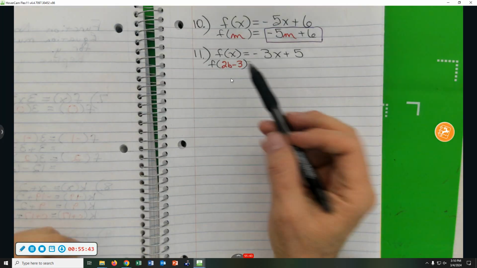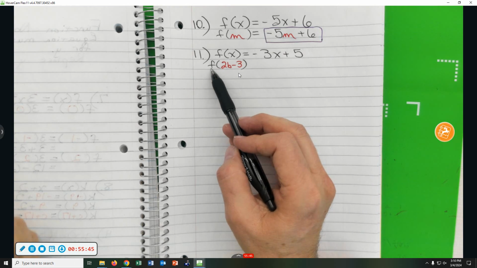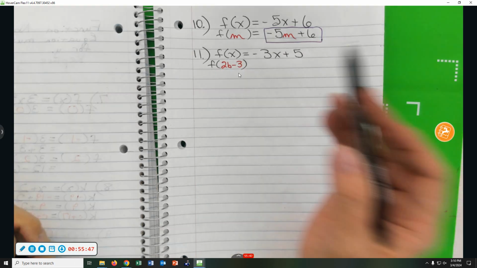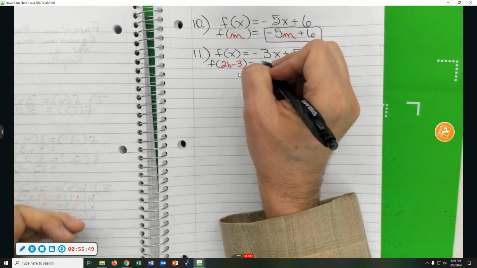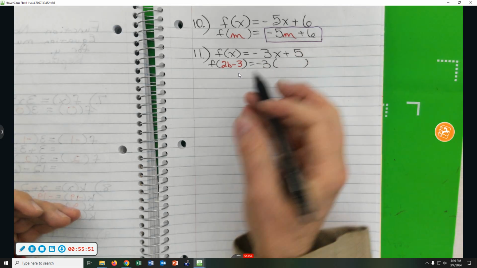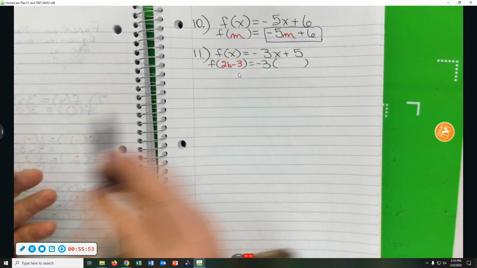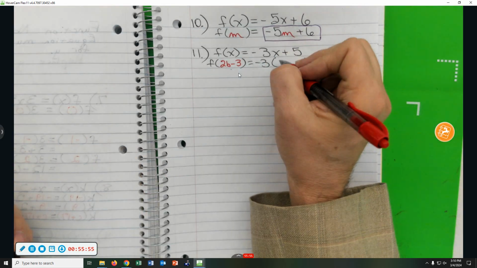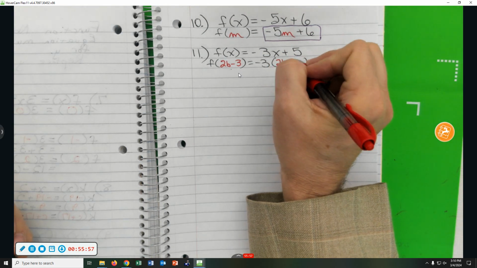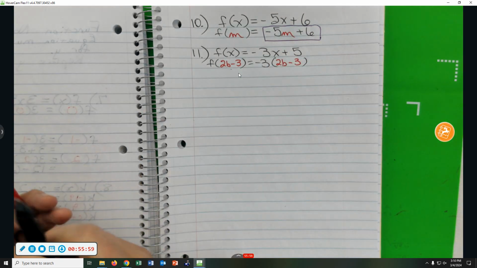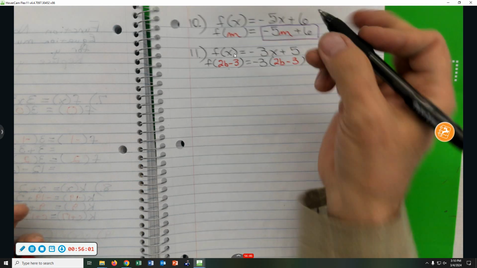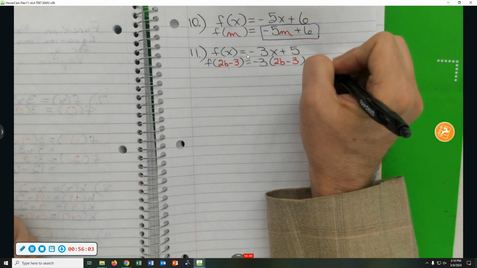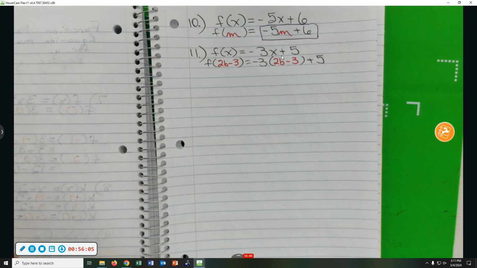So this says, go to your function f, and wherever you see a variable, replace it with 2b minus 3, and realize that 2b minus 3, since it's more than one term, I'm enclosing it in parentheses. What are we going to have to do to simplify this? There's only one correct next step.